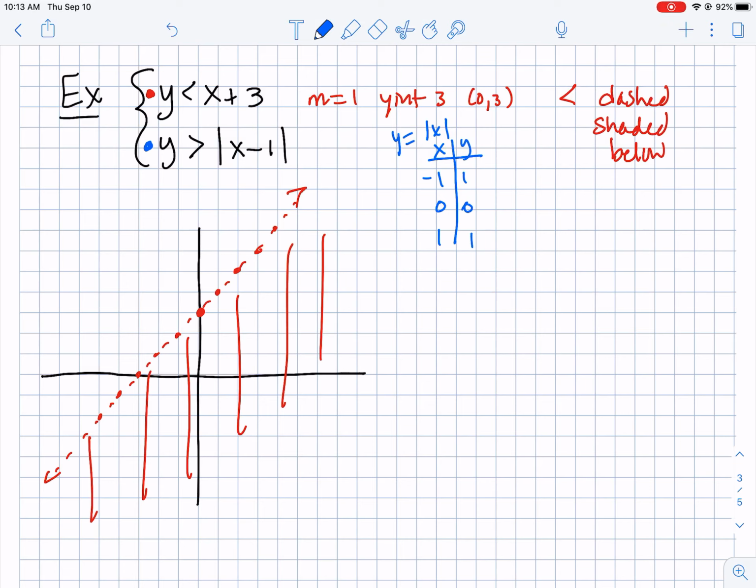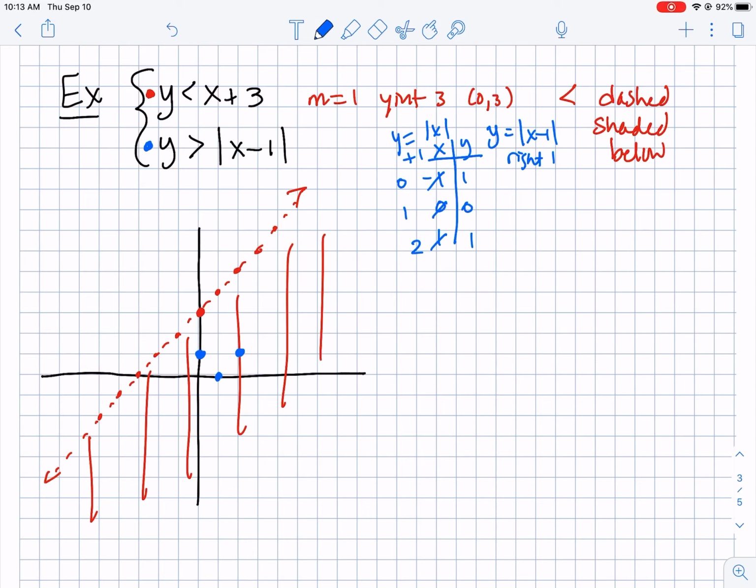And with that, this absolute value of x minus 1 indicates it's moving right 1, which means I need to add 1 to each of the x values. So I'm going to plot (0, 1), (1, 0), (2, 1). Notice it's going to give me the V, and that's what an absolute value is. That's where all of your y values would be positive. So I've got my V.